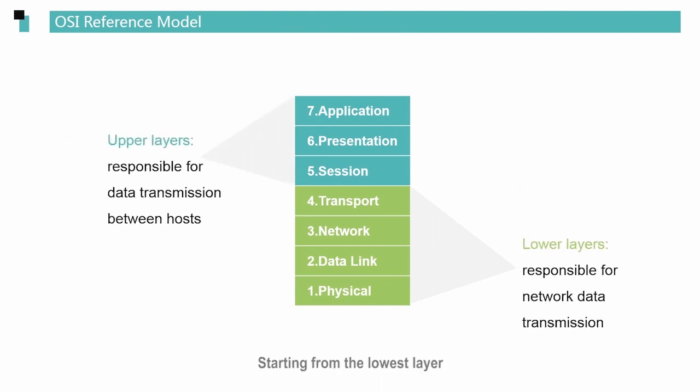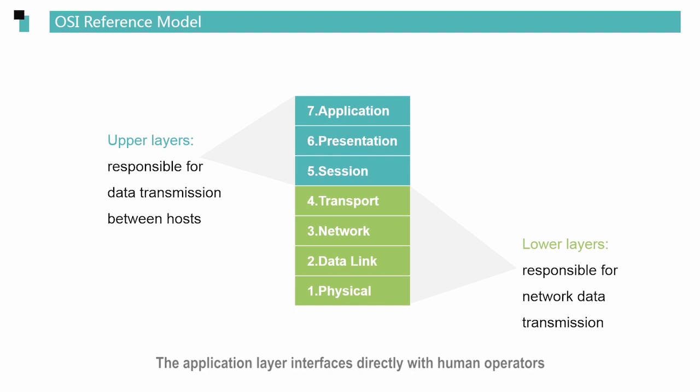Let's take a look at the 7 layers of the OSI model. Starting from the lowest layer, they are Layer 1, the physical layer, Layer 2, the data link layer, Layer 3, the network layer, Layer 4, the transport layer, Layer 5, the session layer, Layer 6, the presentation layer, and Layer 7, the application layer. The physical layer consists of the binary digits, a series of zeros and ones being carried over physical media such as wires and radio waves.